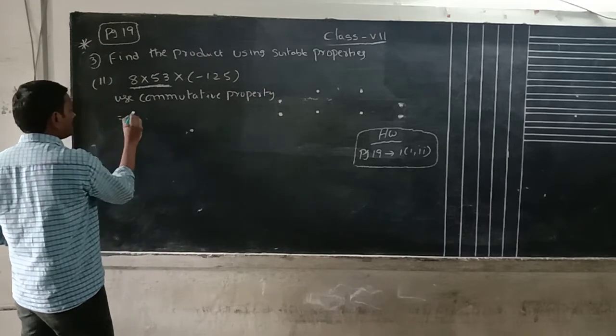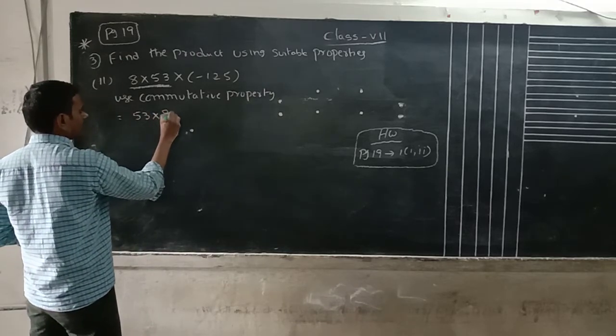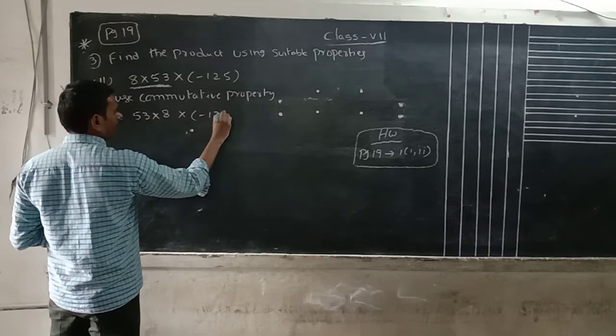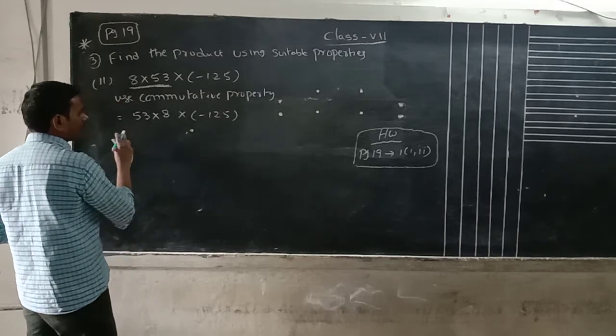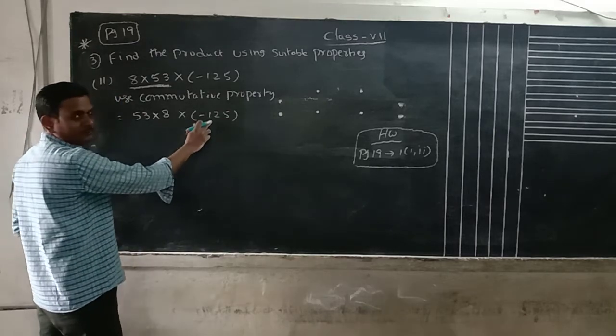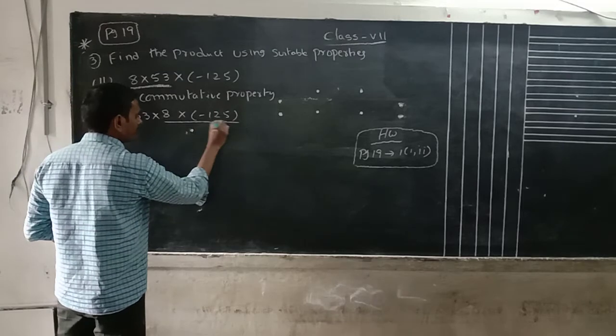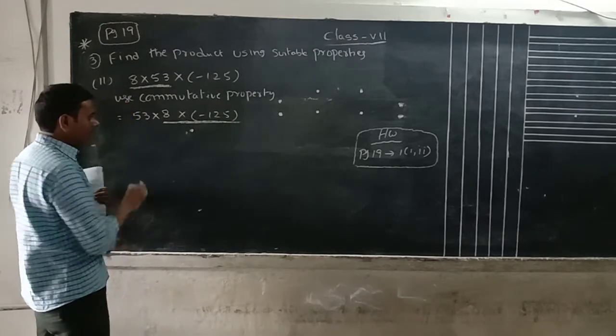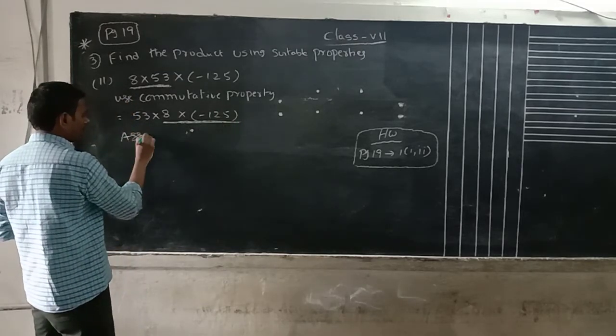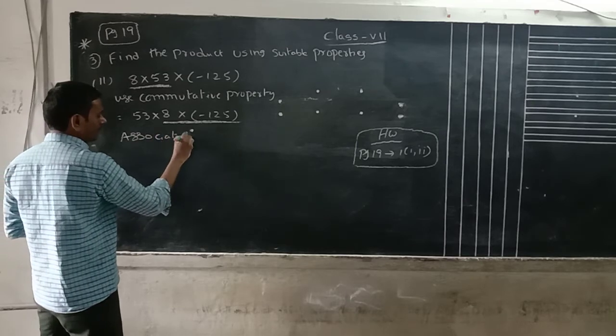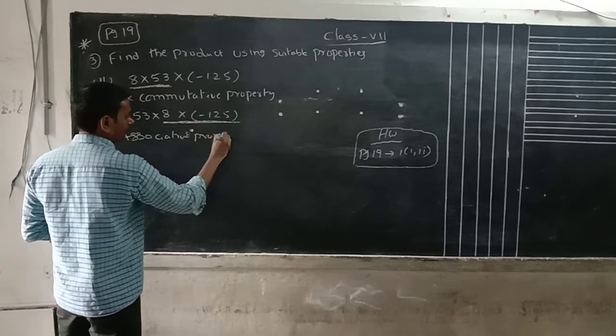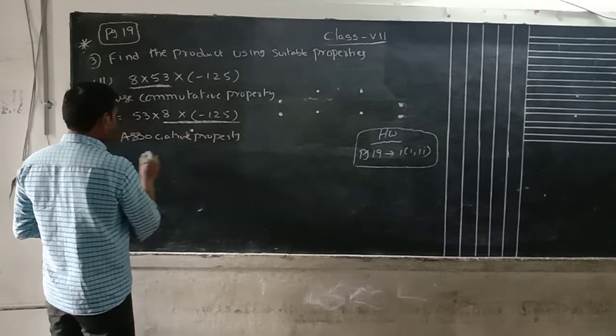Using the commutative property, we get 53 into 8 multiply minus 125. Now we have to take A into B into C form, that means we have to multiply these first. This is the associative property.